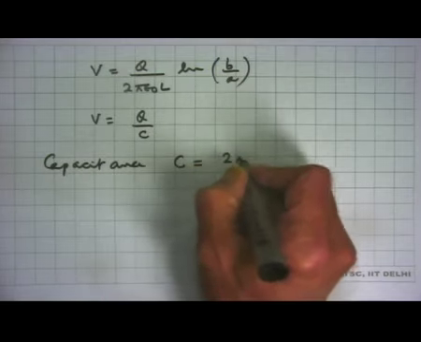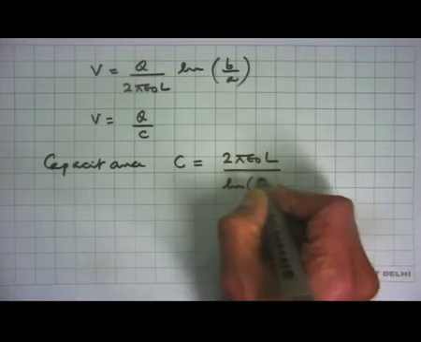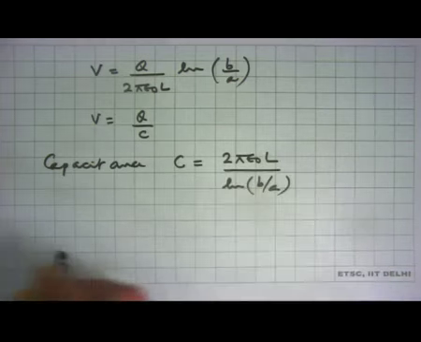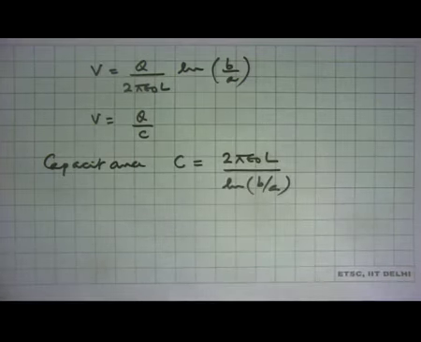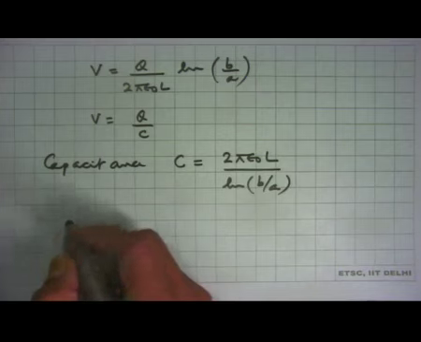C is equal to 2 pi epsilon 0 L by log B by A. That is the capacitance of a length L of this cylindrical capacitor.